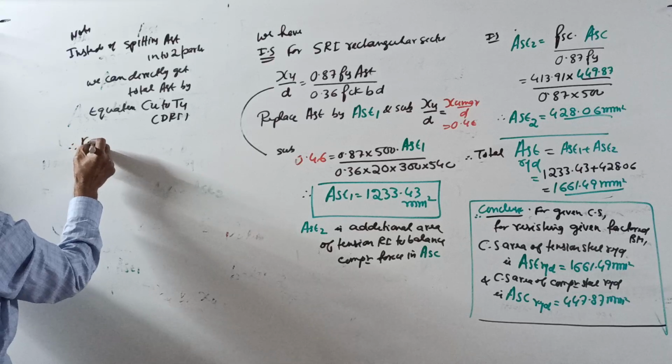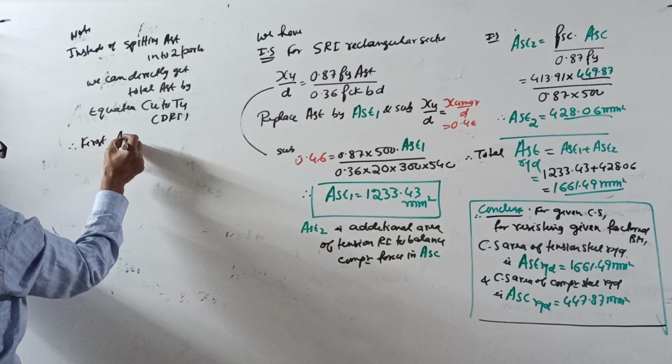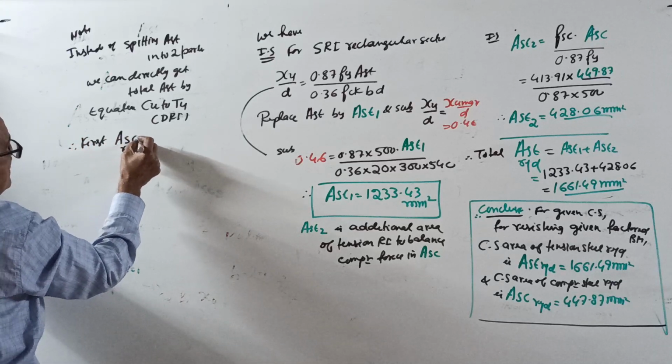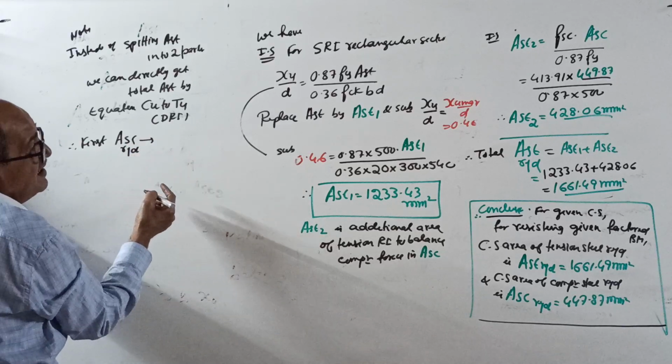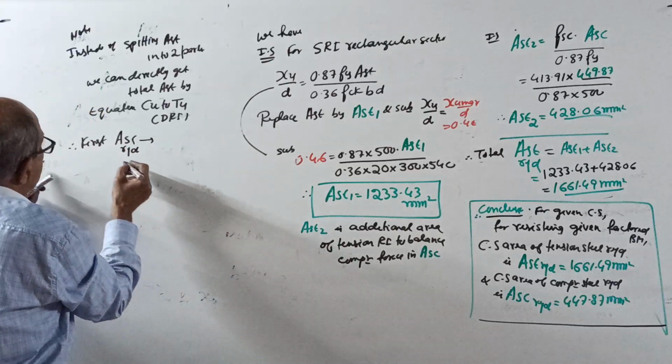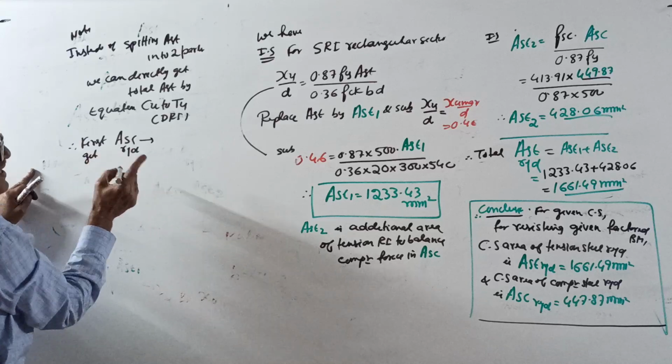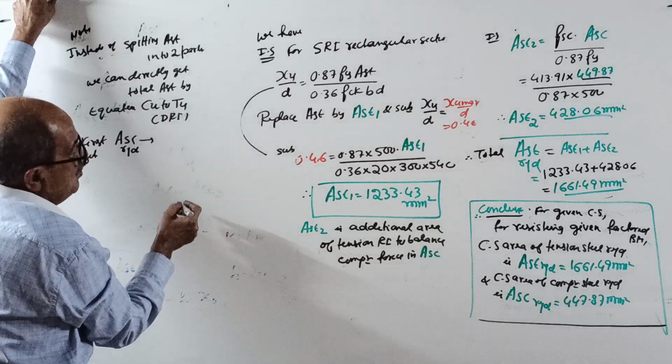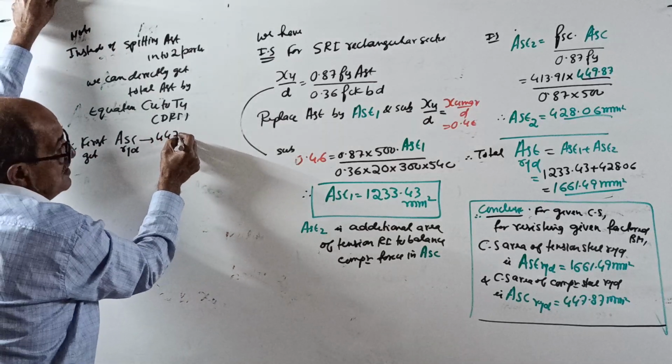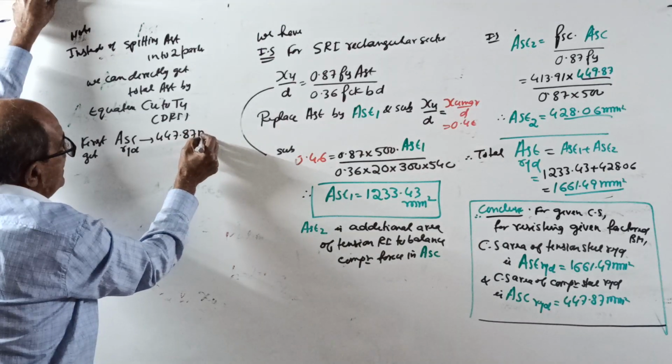First find ASC required. First get ASC required, the same procedure: 447.87 mm square. You got it.